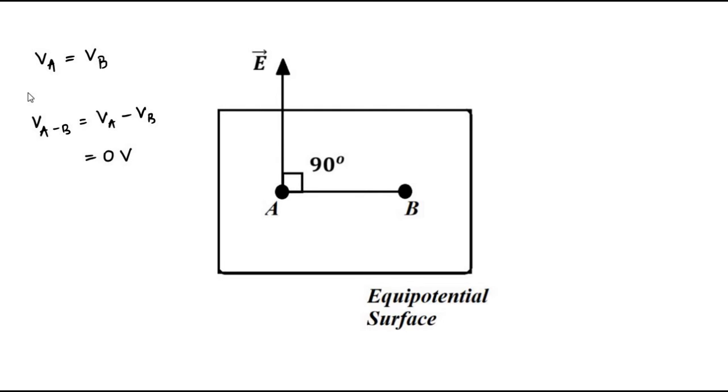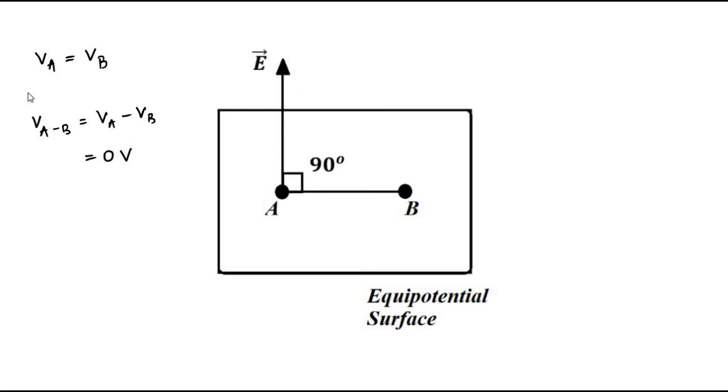So we can say that the potential difference between any 2 points on an equipotential surface will be 0.